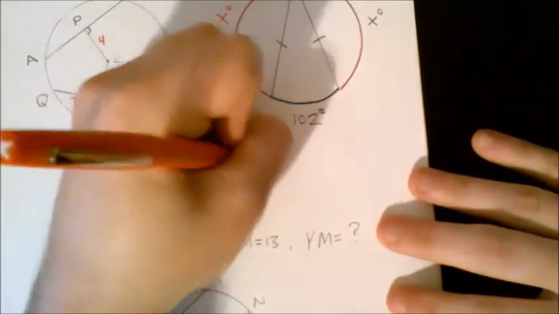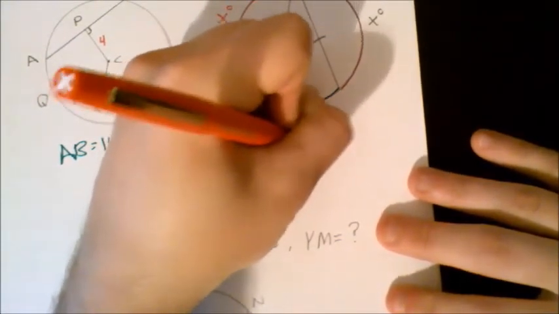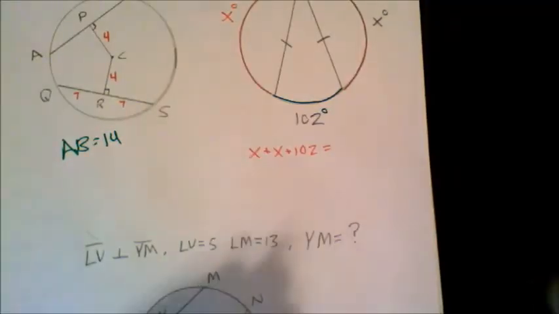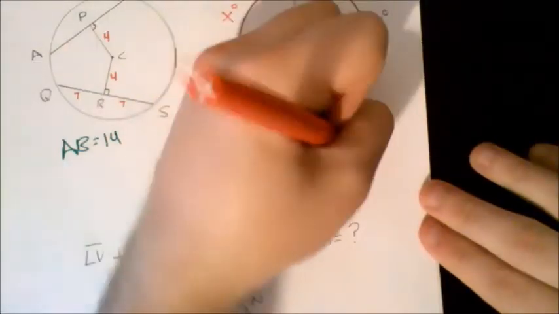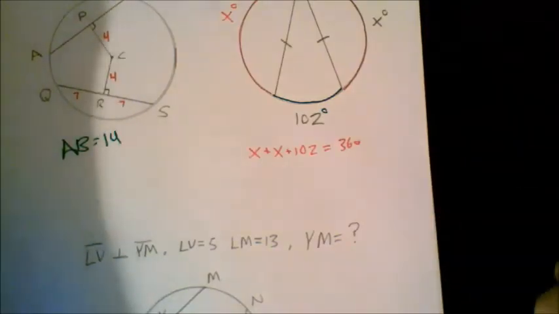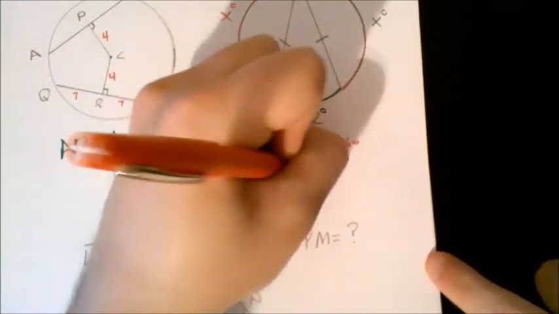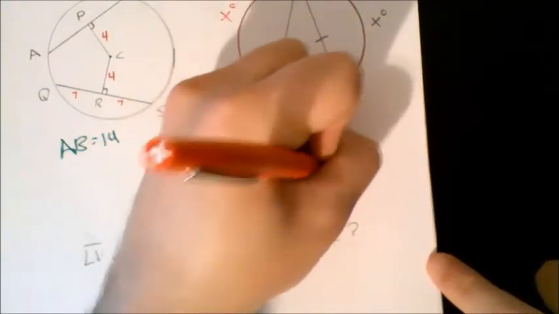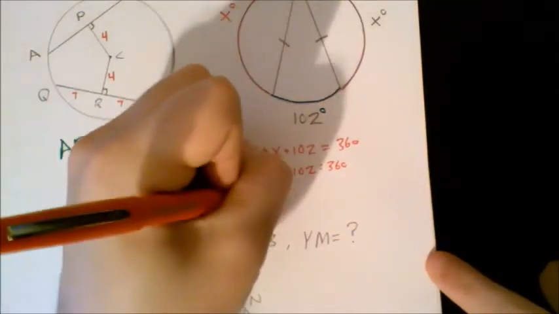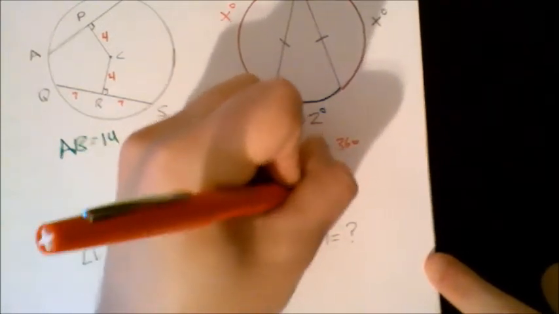We could say x degrees plus x degrees plus 102 degrees has to equal the total number of degrees in a circle. Well, the total number of degrees in a circle is 360. And that's just an algebra problem we can solve. So we have 2x plus 102 equals 360. Now I'll subtract that over. 2x equals 258.